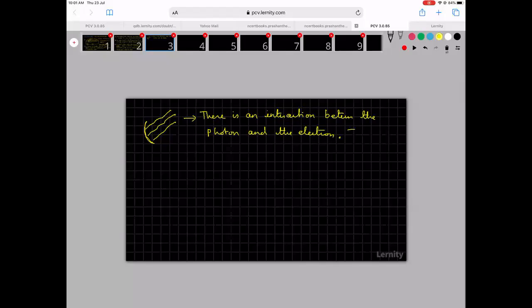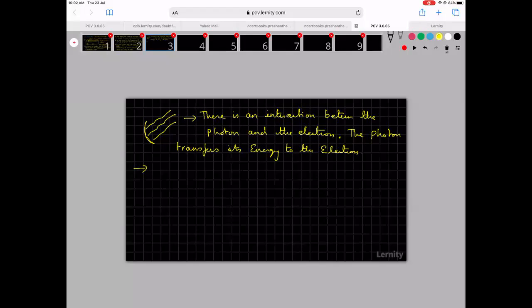Now, the photon transfers its energy to the electron. But what Bohr said is that an electron cannot take any amount of energy.